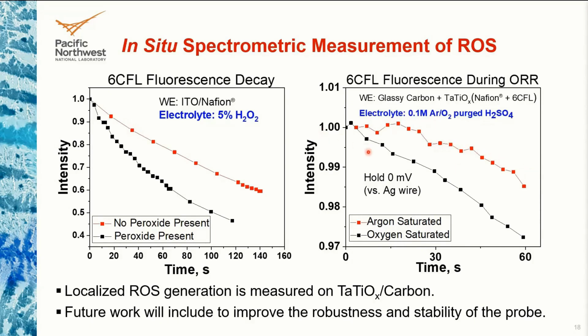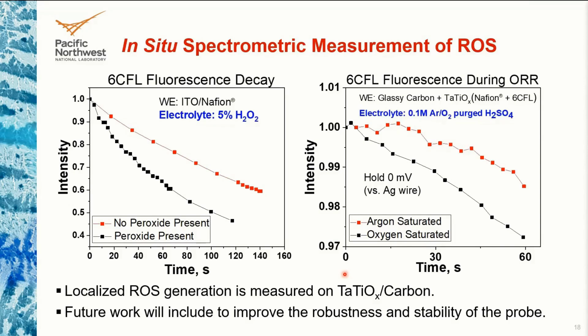But as soon as you use oxygen saturated electrolyte, we have an increase in the decay activity. This increase in the fluorescent decay represents the additional ROS, the reactive oxygen species generated on the particle.